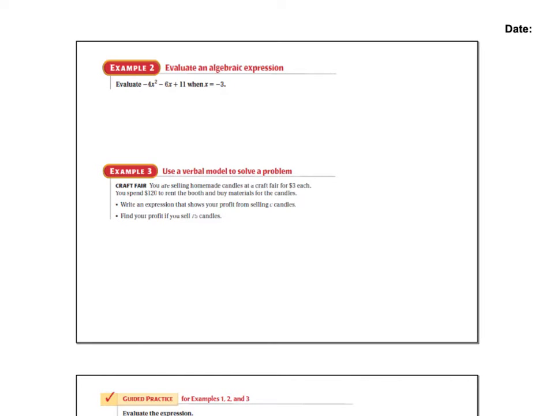Well, your profit comes from the $3 times the number of candles you sold. But no matter what that number is, you're going to have to subtract 120 from it because that's what you've spent. I'm not going to put an equal sign in because this is only an expression. But I can move on and find out what my profit would be if I sold 75 candles.